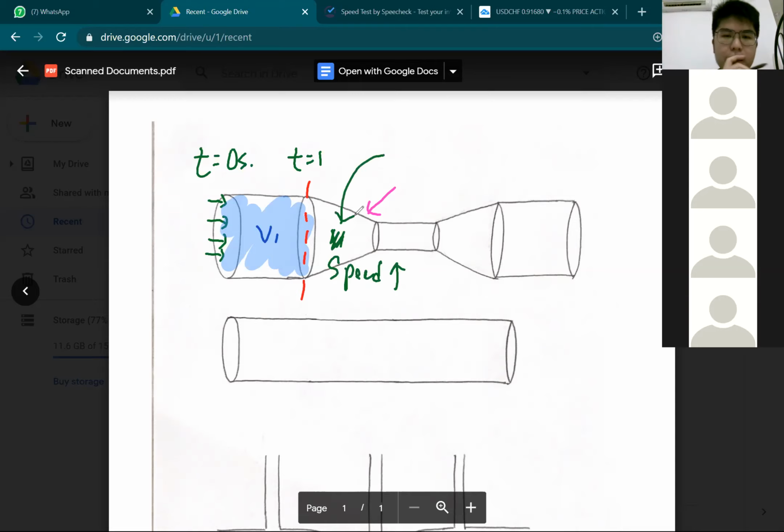As it flows inside this even smaller tube, the center, of course, the speed will increase even more. It will go faster and faster. So water flows faster at the narrow section, at the middle section. Now, don't confuse speed and volume flow rate.